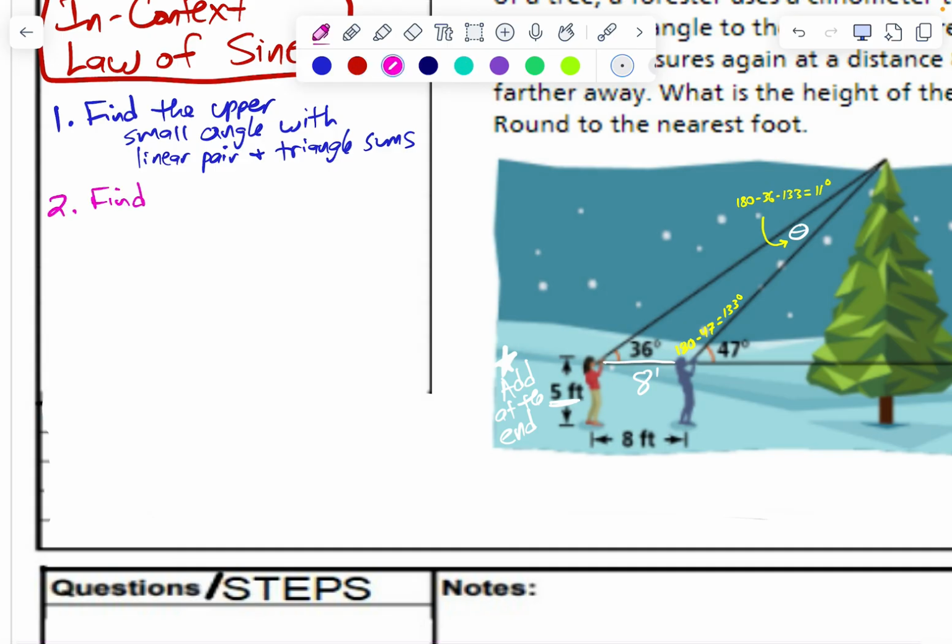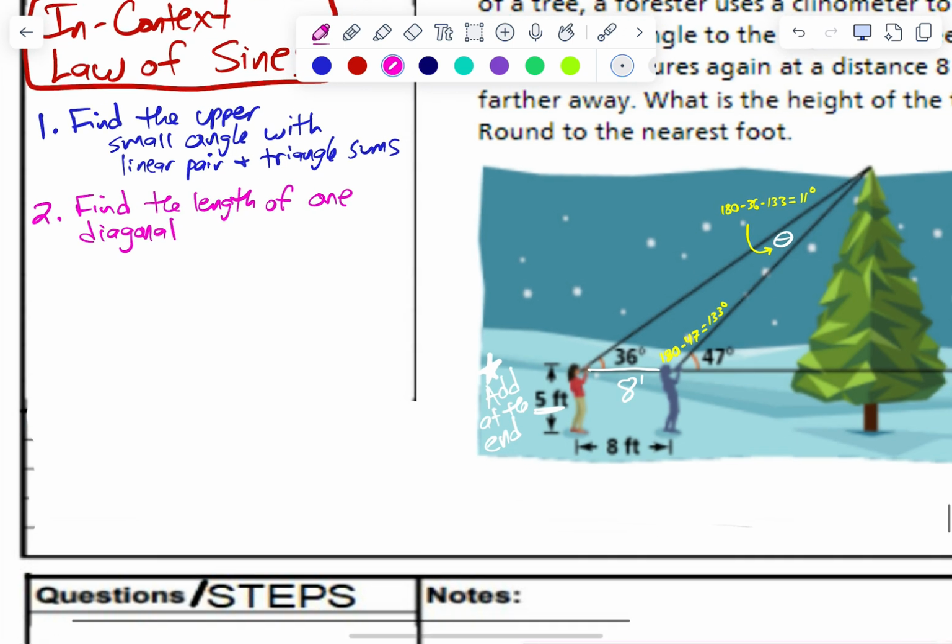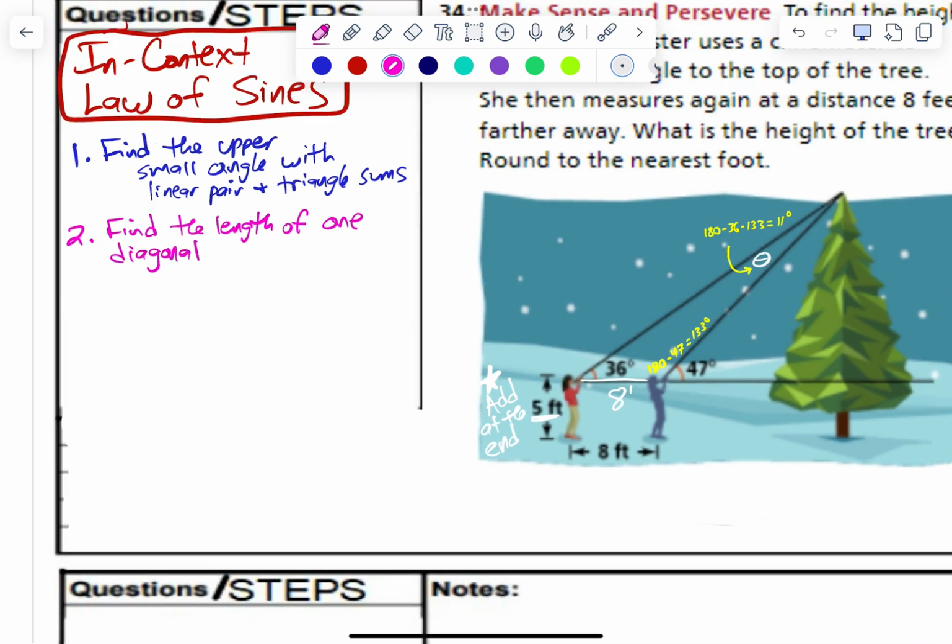Step 2: find the length of one diagonal. Now, out in reality, do you see those lines? No. It's what you're looking along. They're not actually there. It's an imaginary line, but we still need the length of it. And we're going to use law of sines for that because we have an angle and its opposite side.